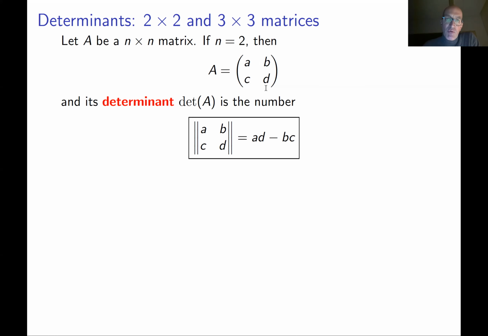Another small remark: quite often the determinant is denoted like this. If you have a, b, c, d, and instead of the usual brackets you put vertical double lines, then in many books this is a shortcut for the determinant. We're going to use this shortcut from time to time.